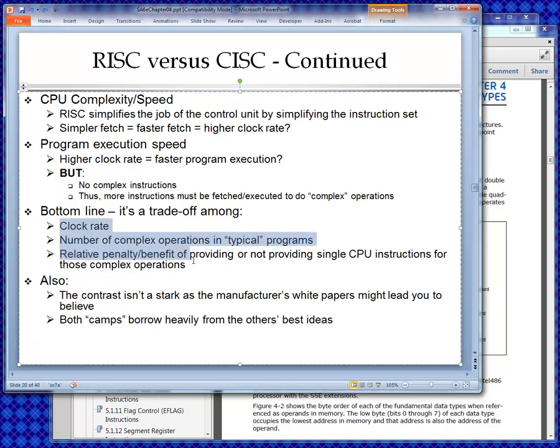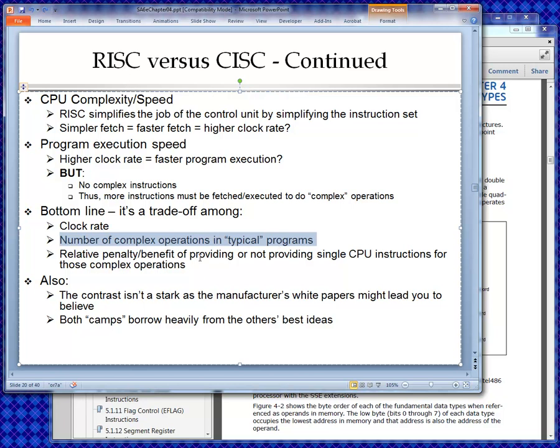So the basic trade-off is here. In theory, you're going to get a faster clock rate with a RISC versus a CISC, all other things being equal.